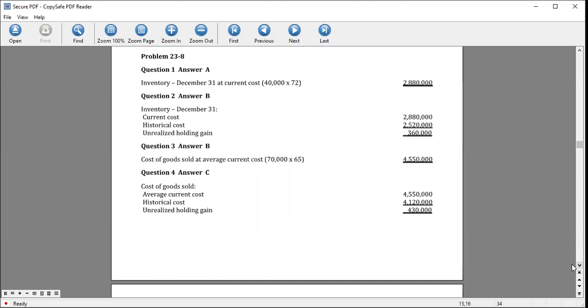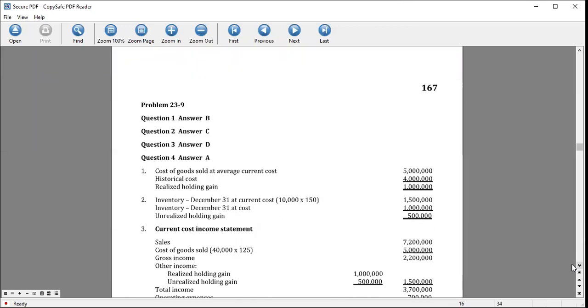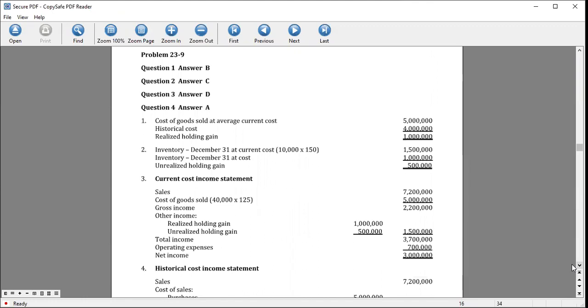So again, for the cost of goods sold, the average current cost is 4,550,000 and deduct the historical cost of 4,120,000. We have the unrealized holding gain of 430,000. That's problem number 8. Then number 9, we have again the unrealized holding gain on inventory for the current year.